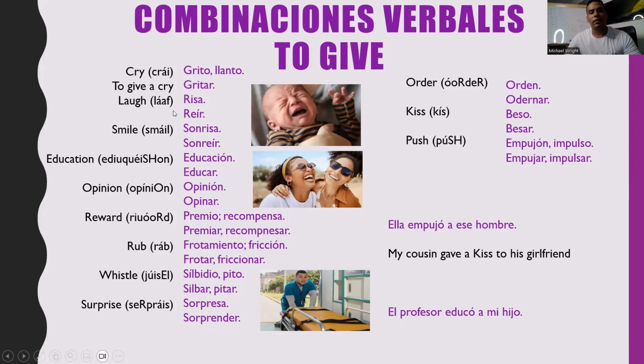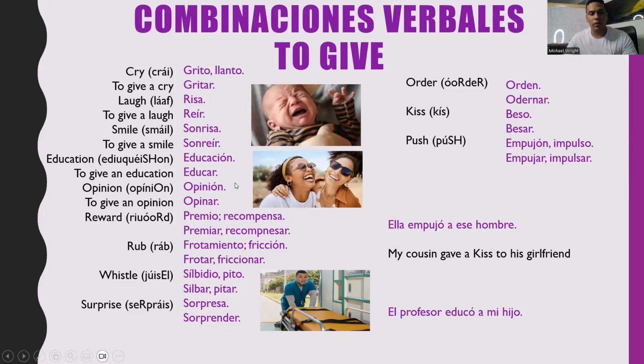Laugh, reír, to give a laugh. Smile, sonrisa, to give a smile. Education. Remember this word, education. To give education, to give an education. Opinion, to give an opinion.